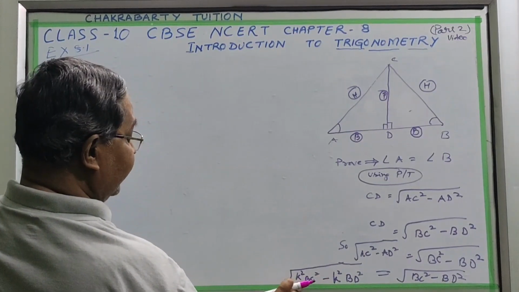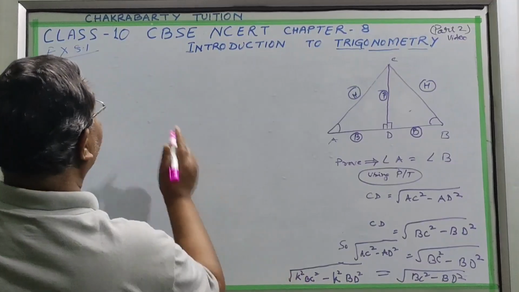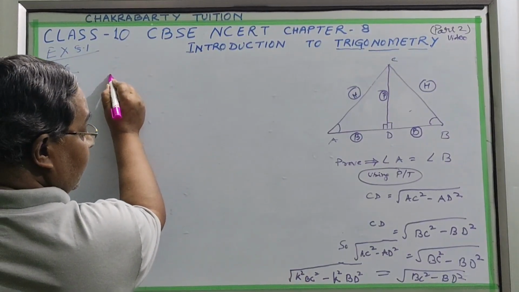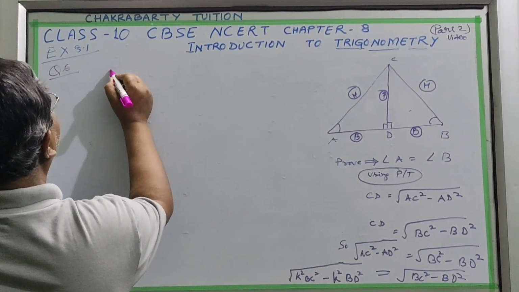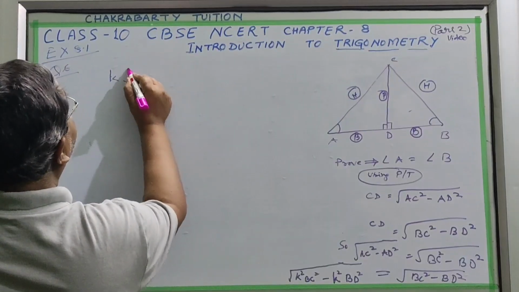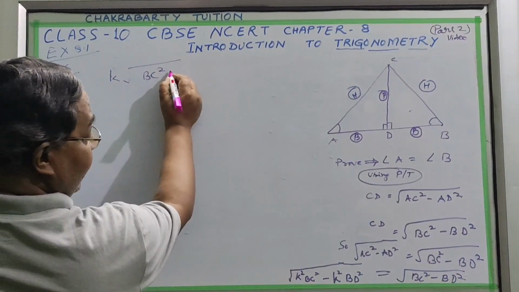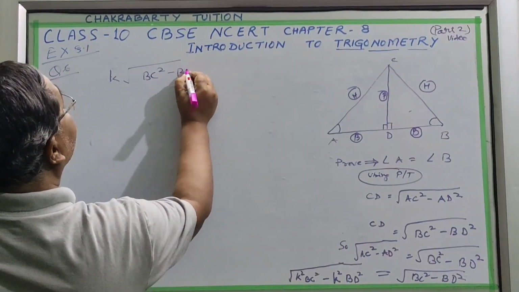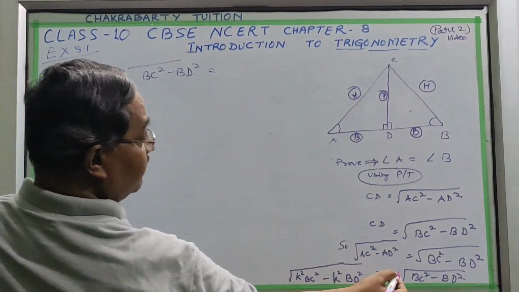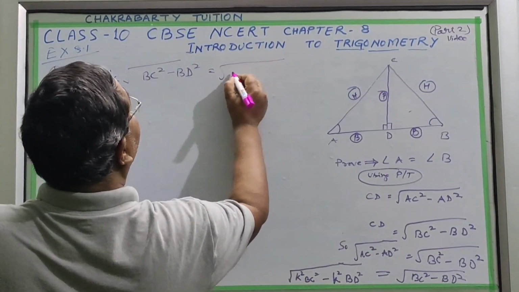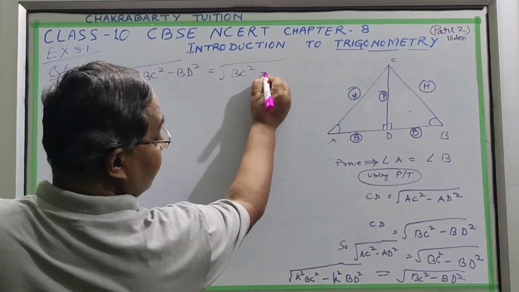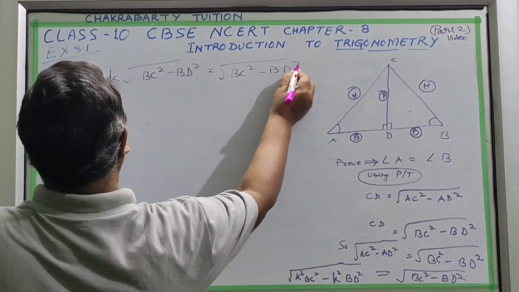So if we take K out, what will happen? K will remain K, and under root what will remain? BC square minus BD square, and BC square equal to BC square minus BD square.